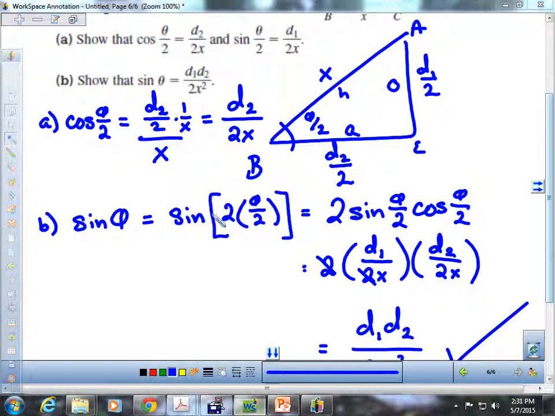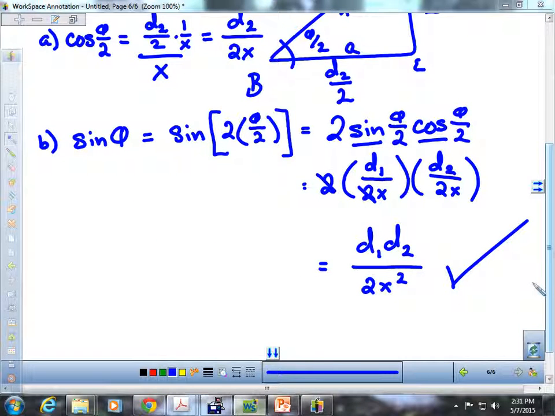What's the sine of 2 theta? 2 sine theta, cosine theta. But our theta is really half of theta. So 2 sine of half theta, cosine of half theta. We found these two in part A. We substitute and evaluate it out. A great connection between geometry and trig there.